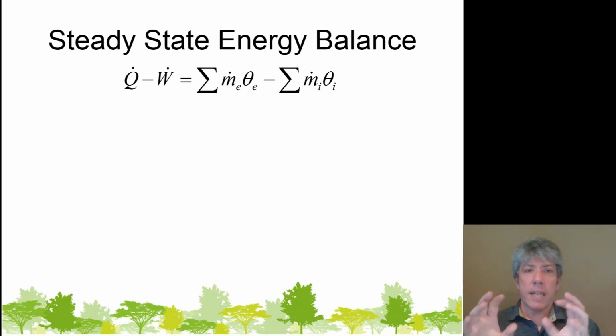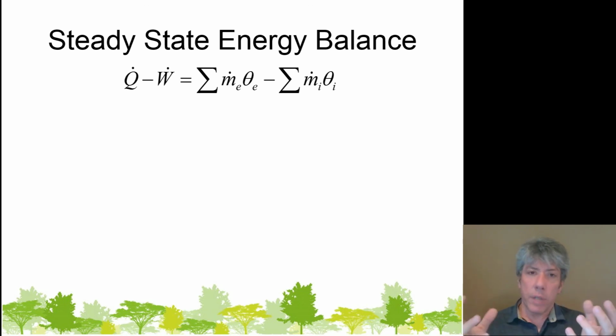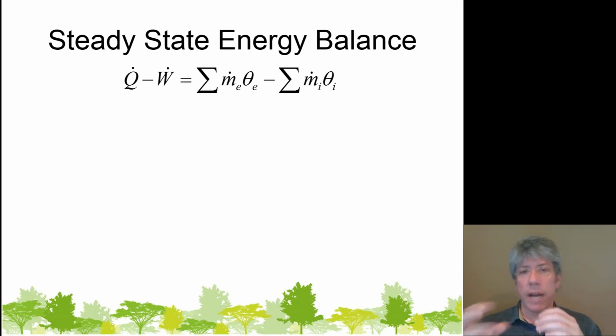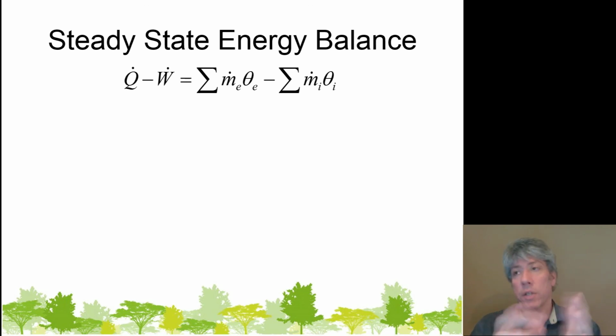So if we write a rate equation that is tracking the rate at which energy is carried into or out of the system, then we'd write Q dot, the rate at which heat carries energy into the system, minus W dot, the rate at which work carries energy out of the system, equals the sum of all the mass flow rates that are exiting times the total specific energy that those streams carry.